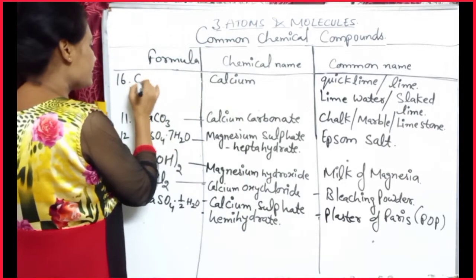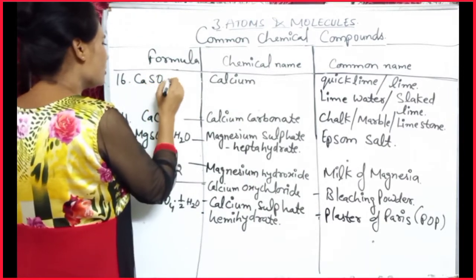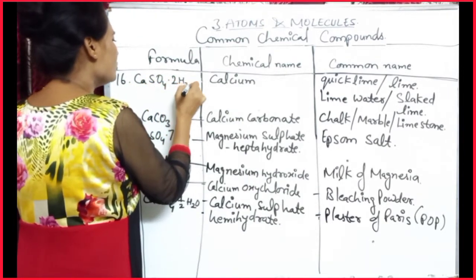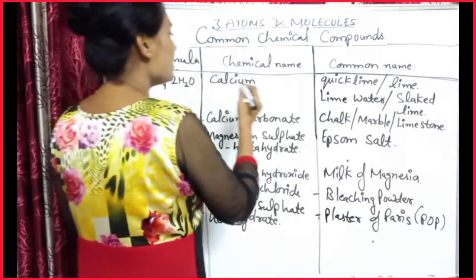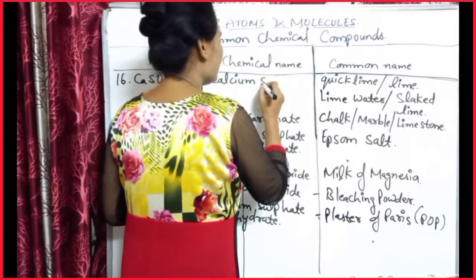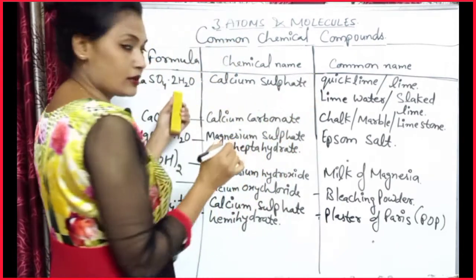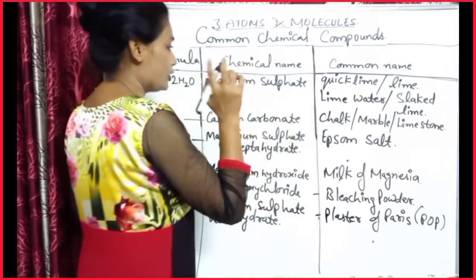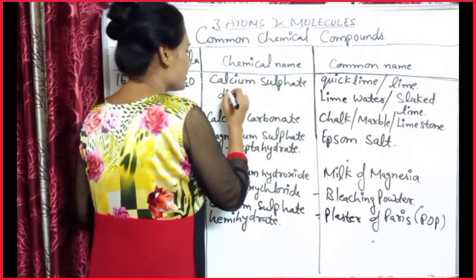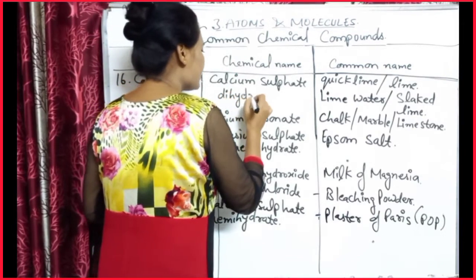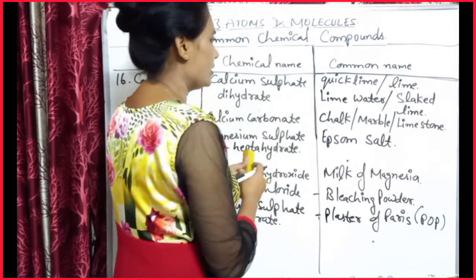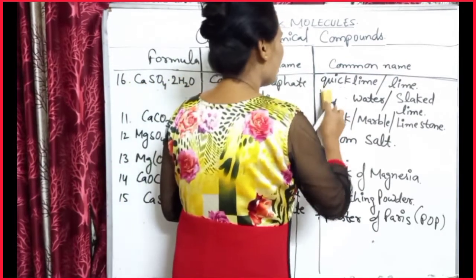So you can write CaSO4 dot 2H2O. So calcium sulfate dihydrate. Two water molecules are there, so dihydrate. Okay, and here you can write the common name.